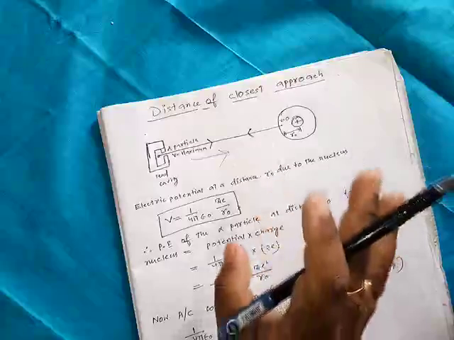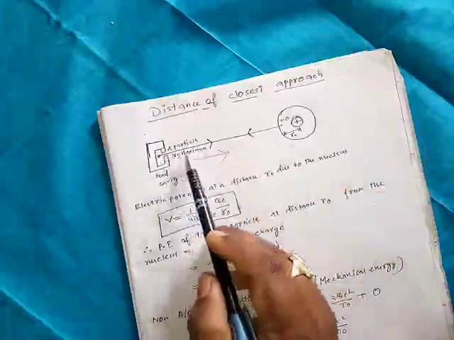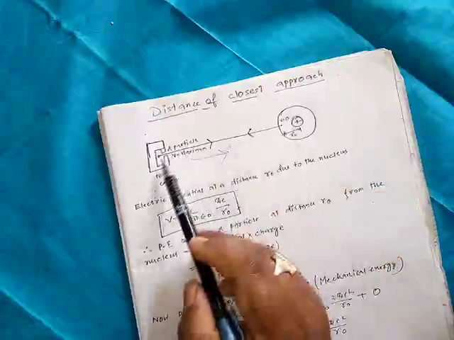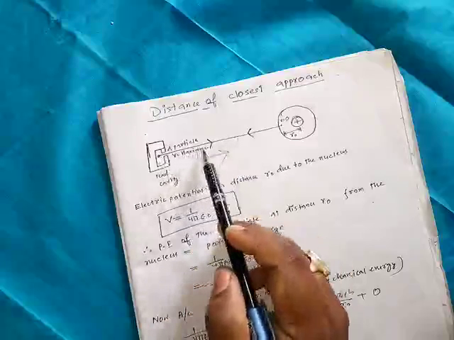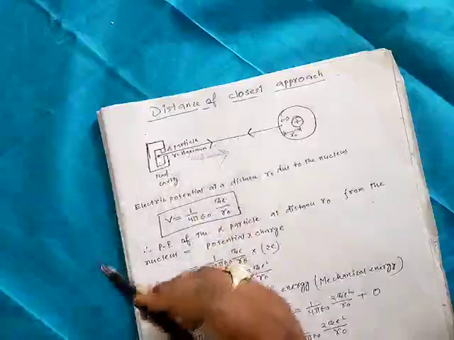Are you getting? In simple language, as the alpha particle is approaching the gold nucleus, its velocity will go on decreasing because it will start experiencing more and more repulsive force by the gold nucleus.